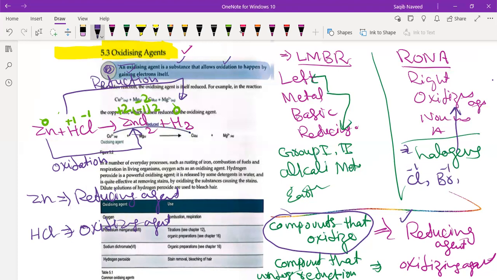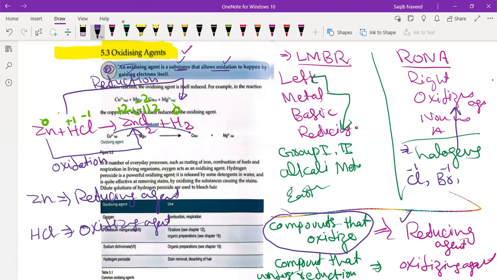Oxidation is a process, and oxidizing agent is the nature of a compound. So what is an oxidizing agent? If you see over here, it is a substance that allows oxidation to happen by gaining electrons itself. An oxidizing agent always gains electrons, like halogens are gaining, receiving electrons. Got the point?